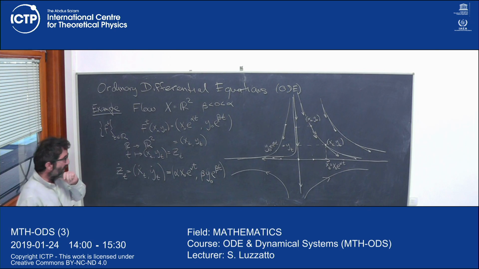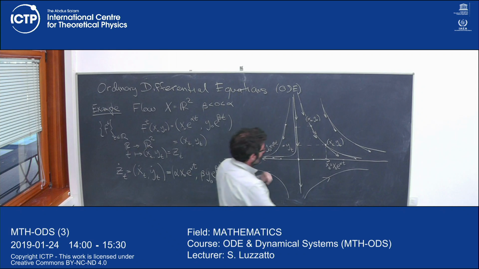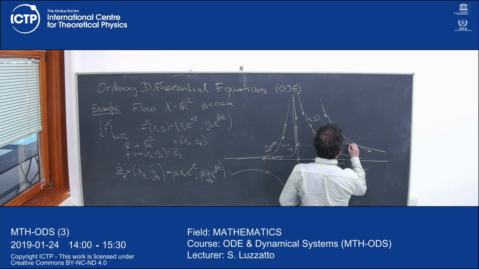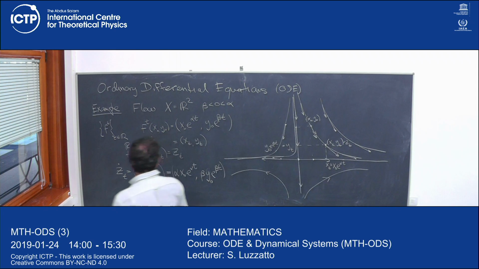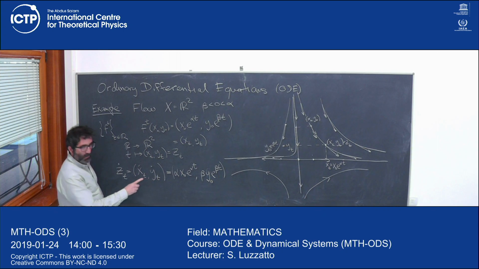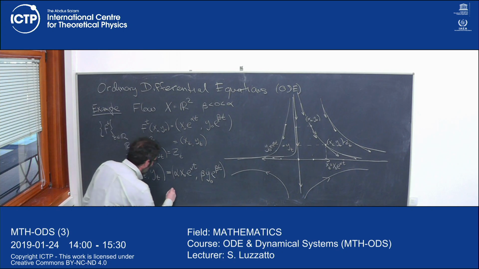Now there's an easy way to actually write this vector in terms of the point. So at this point Z, the point Z of t, what is the vector here? Do you notice what the vector is?